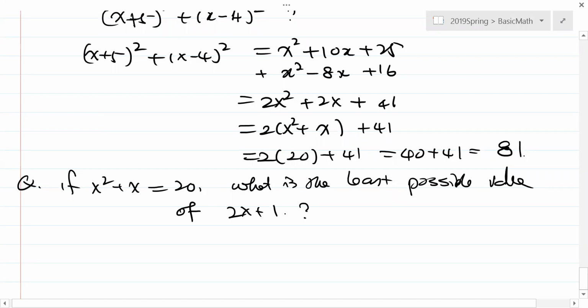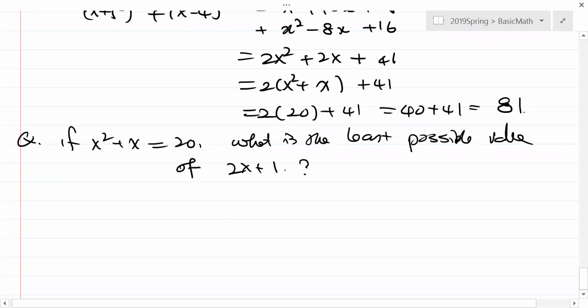To solve this problem, you have to get the value of x squared plus x. So you have two solutions, because x squared plus x minus 20 equals 0, then (x minus 4)(x plus 5) equals 0.